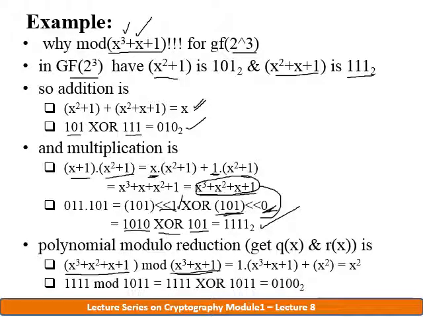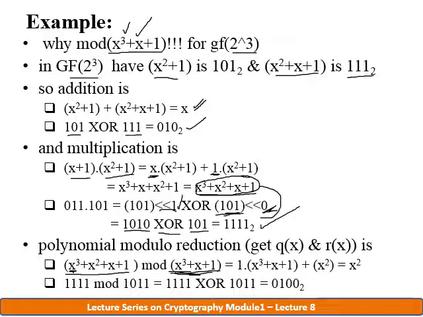So when I do this, what do I get here? How to simplify this? Let us take that now. x cube is there. I'll substitute the value of x cube by using the irreducible polynomial. What is the answer I get from the irreducible polynomial here?